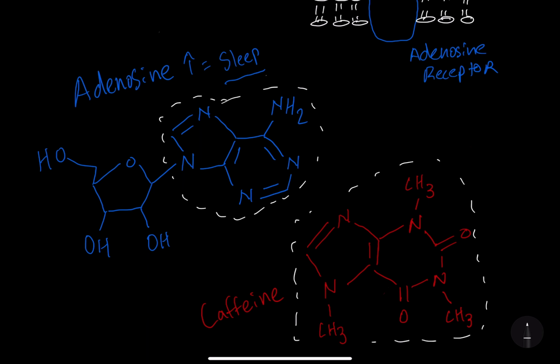So caffeine is a methylxanthine. And if you really want to geek out, the methyl groups are these carbons with three hydrogens. Okay. So what's interesting is that caffeine, if you take a look, is structurally very similar to adenosine, right?